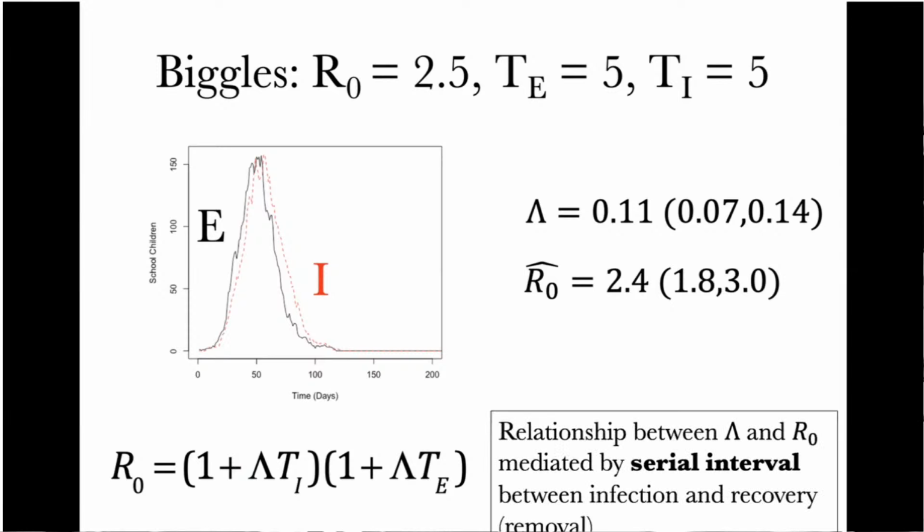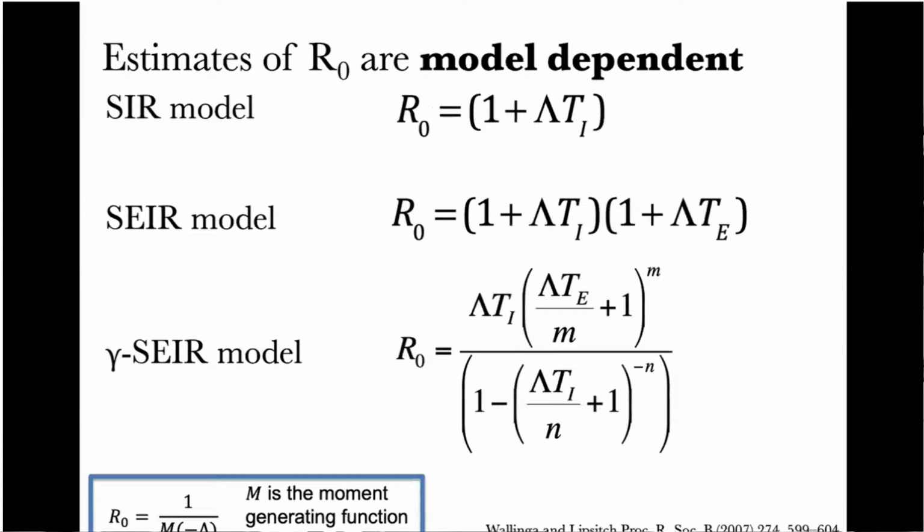So basically what we're saying here is that the estimates of R naught are model dependent when we use models, and with each different model you need to use a different formulation of R naught.